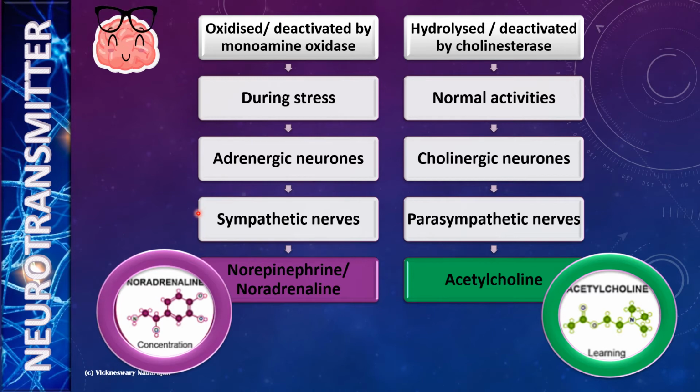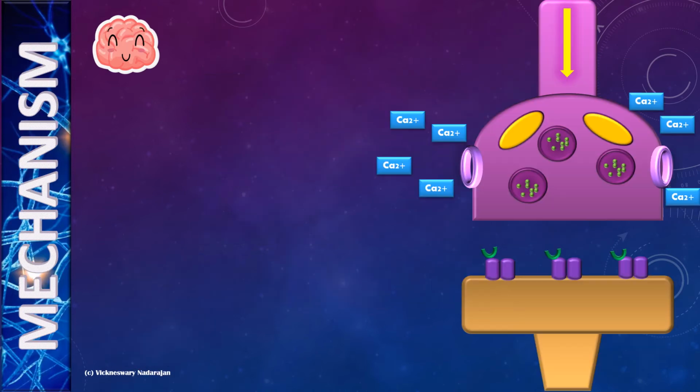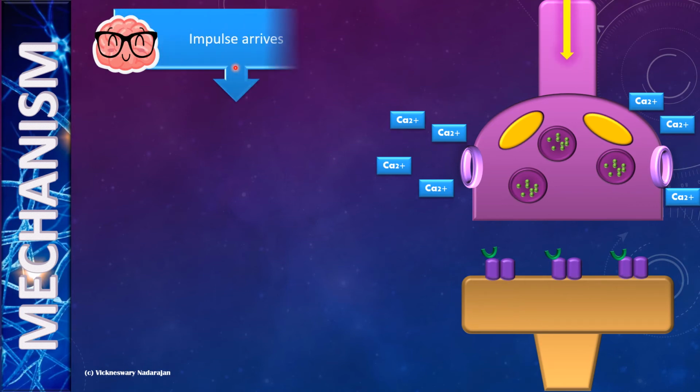We move on to the next part, that is the transmission of impulse across the synapse. To do that, I will use my model and we go through the process. Firstly, the electrical impulse must arrive.